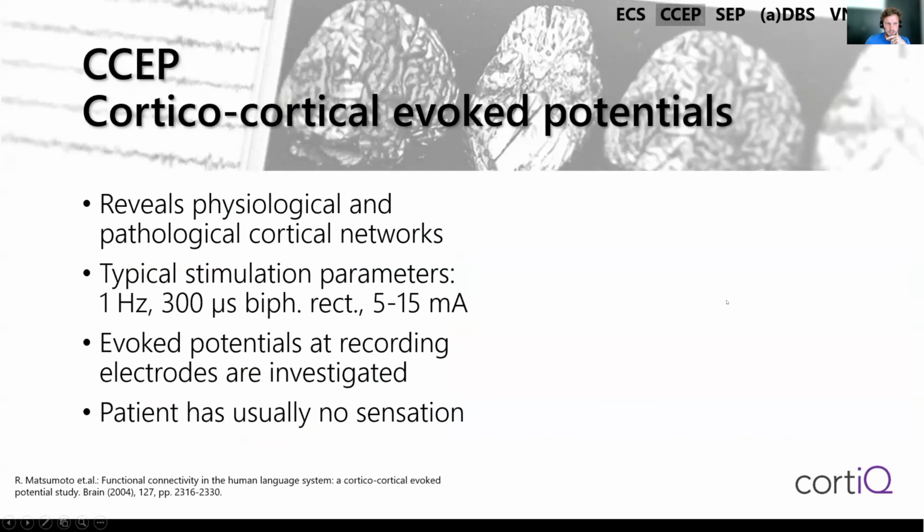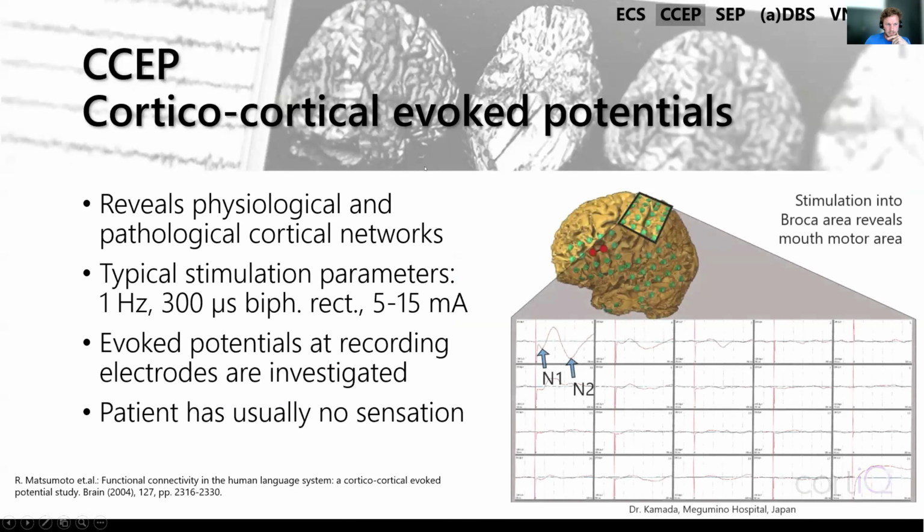Good. Now moving over to CCEPs. We have also heard about them today already. So basically, they allow us to reveal physiological networks and paths in the brain, but also pathological networks.